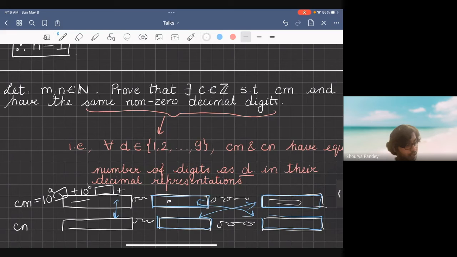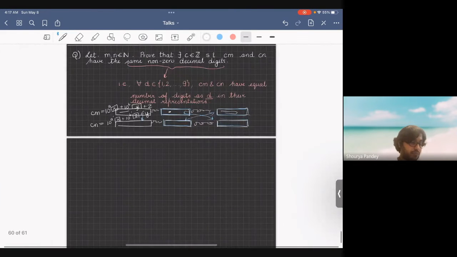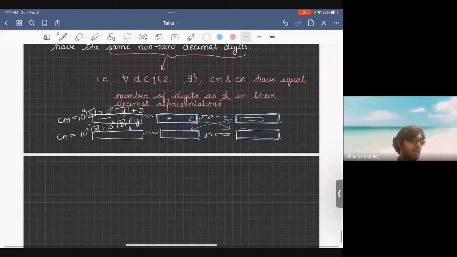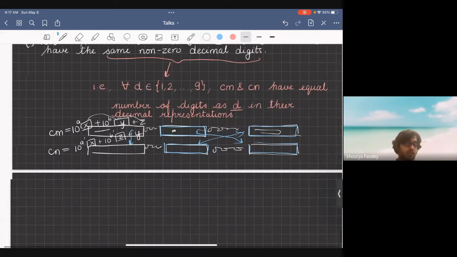So x, y, z, and then maybe you can write this as 10^a' times x plus 10^b' times z plus y, something of this sort. Don't think of too many blocks. This would do, where a' and b' are large enough so that these x, y, z don't interfere with each other.